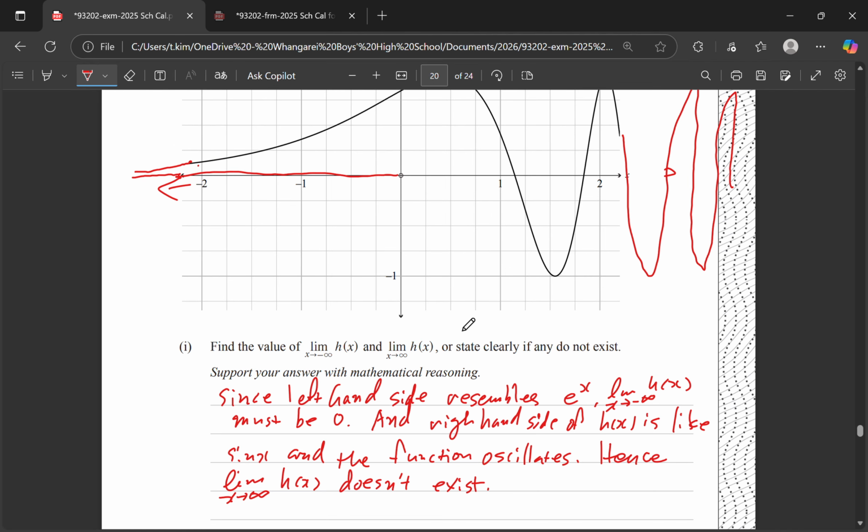It's not heading towards any number because it oscillates up and down and up and down. Hence, in this case, the limit doesn't exist. Okay, that should be the answer.